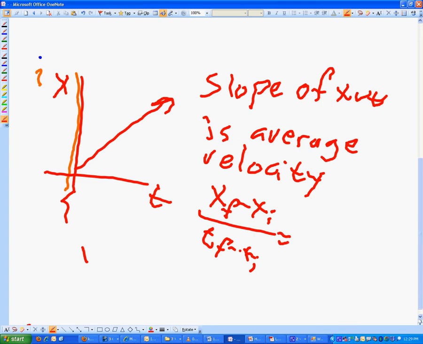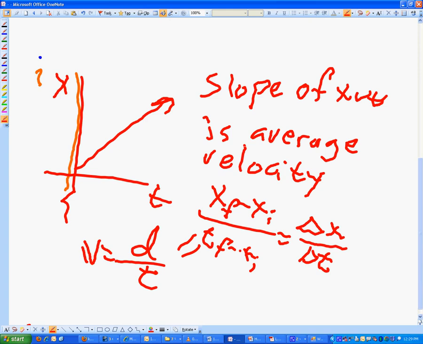It's going to be written in shorthand as the change in x over the change in t. What's another word for the change in position? Displacement. So this could really be written as displacement over time, which equals velocity.